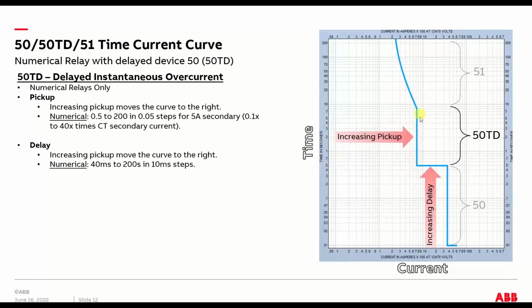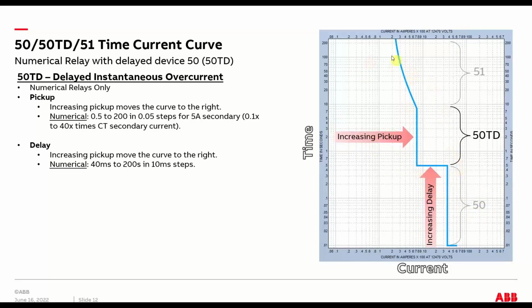It gives you the response of an instantaneous, which is definite time, which means that, for example here, if you're at 10 per unit current, the breaker would trip right here at 0.4 or 0.5. So you have two settings: your delay and your pickup, versus the 50 without the time delay, which just had the pickup.